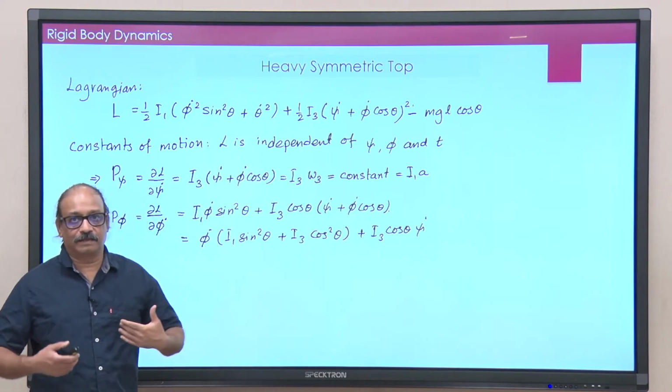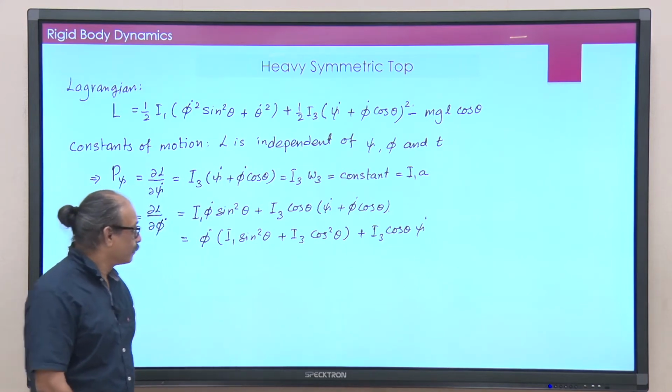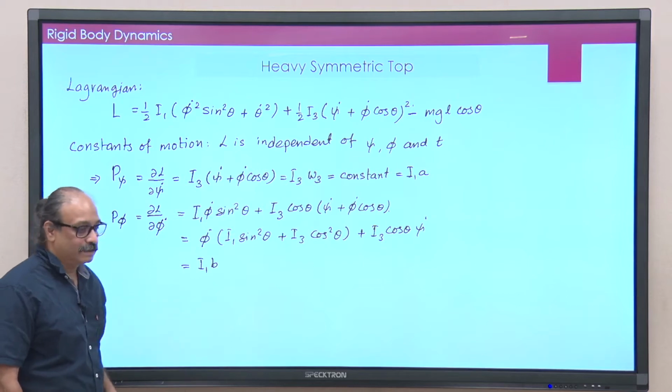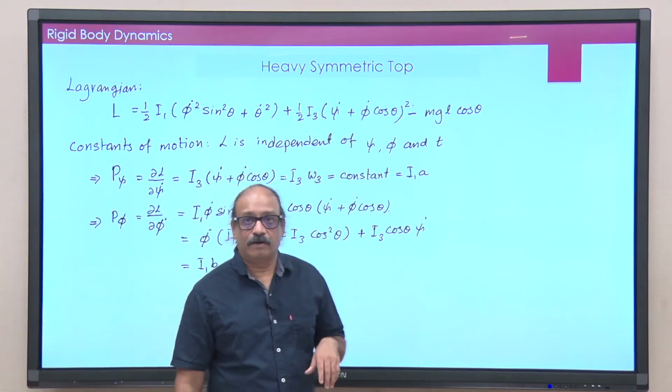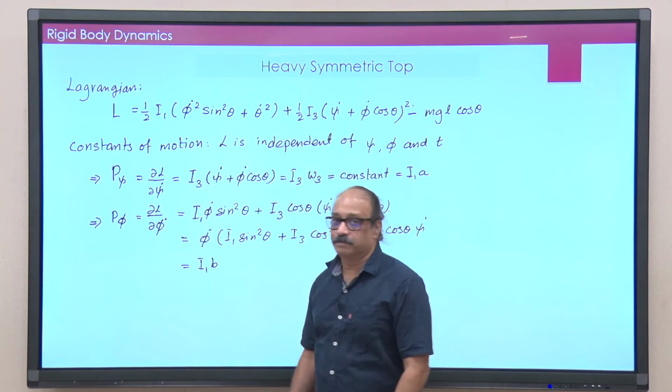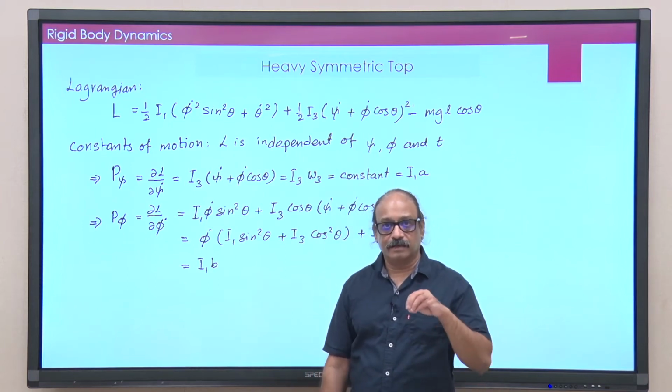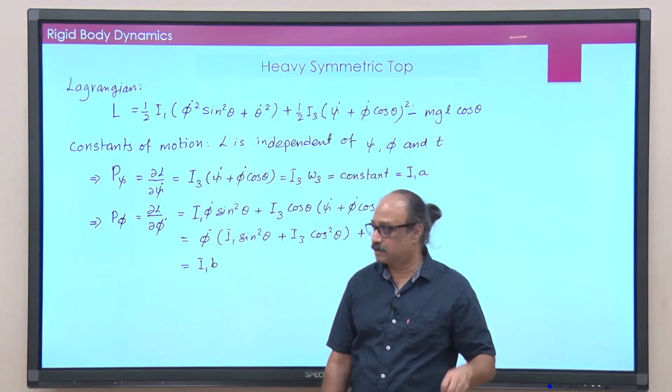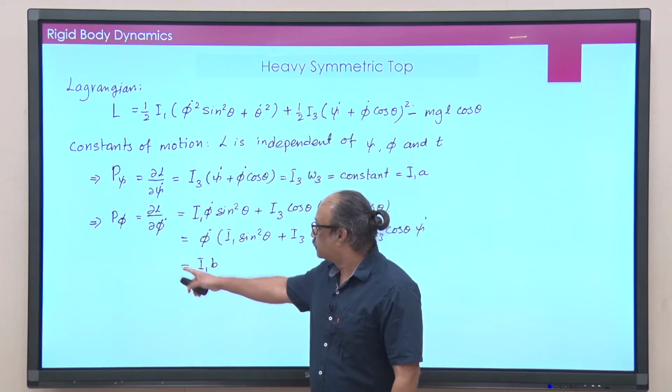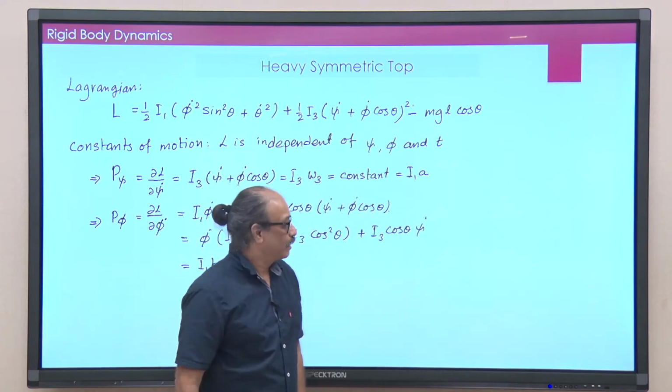Okay. So, I have separated the terms of phi dot and psi dot, equate this to a constant, and conveniently again I will call this constant I 1 times b. Okay. So, essentially a and b are the constants which will decide your p phi and p psi.